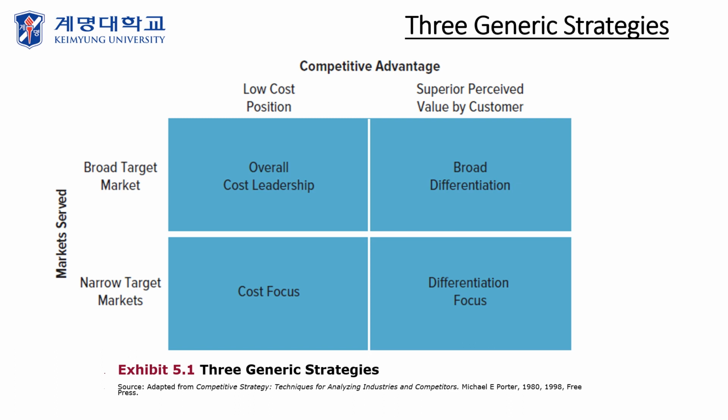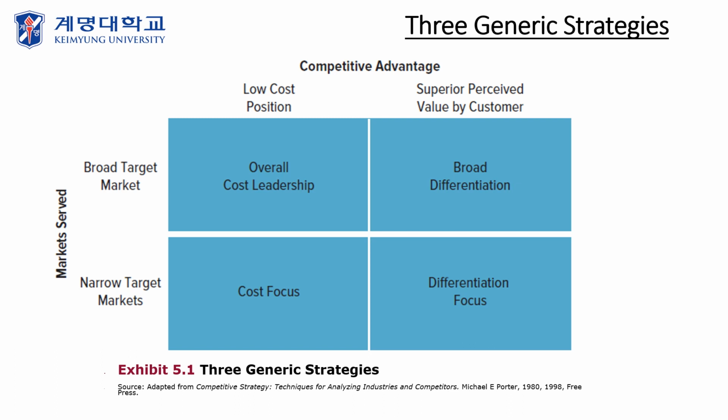So if your position is in low cost and you have a broad target market, the strategy that you can use is overall cost leadership. And if the position of the company is in superior perceived value by customers with a broad target market, you can use broad differentiation.